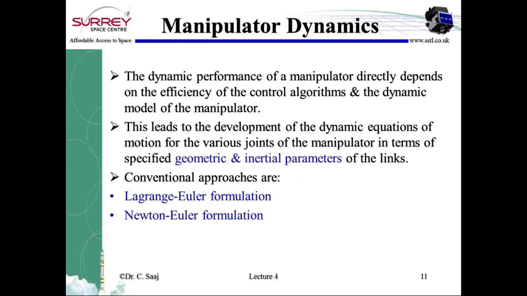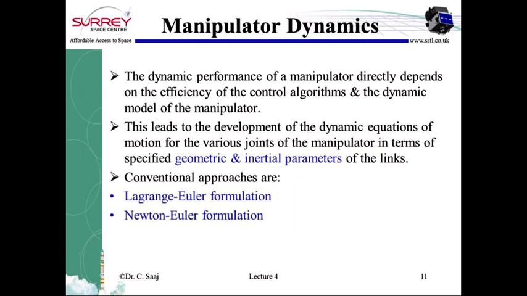Thus, we can make sure that by having a well-defined dynamical model, we can design a closed-loop controller that will take into account the dynamical model, which in turn is defined using the different geometric or the inertial parameters of the link.